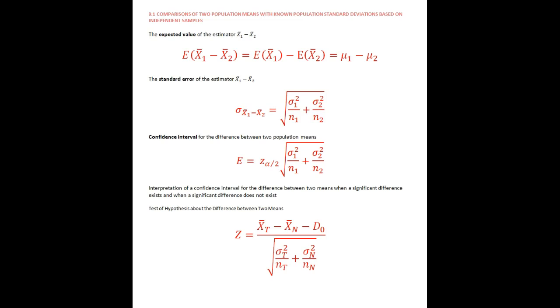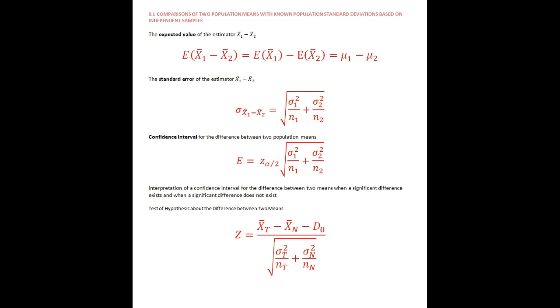All right, comparison of 2 population means with known population standard deviations based on independent samples. So this is all code for 2-sample hypothesis tests, okay? And this is the 2-sample hypothesis test for known population standard deviations, right?